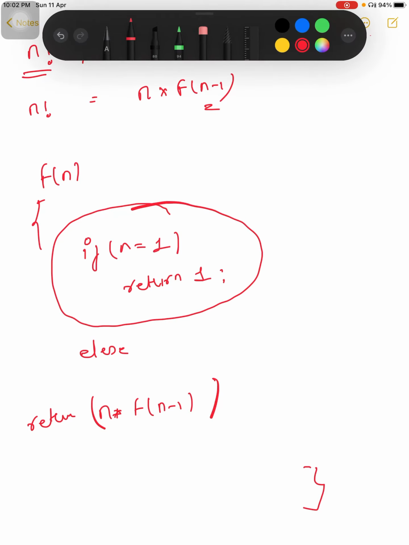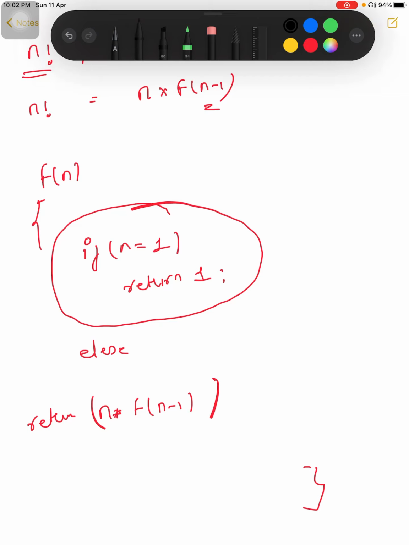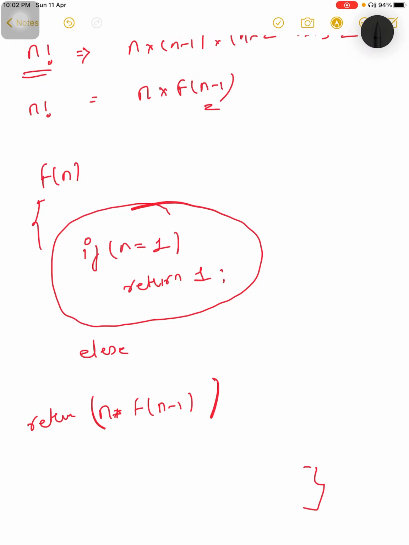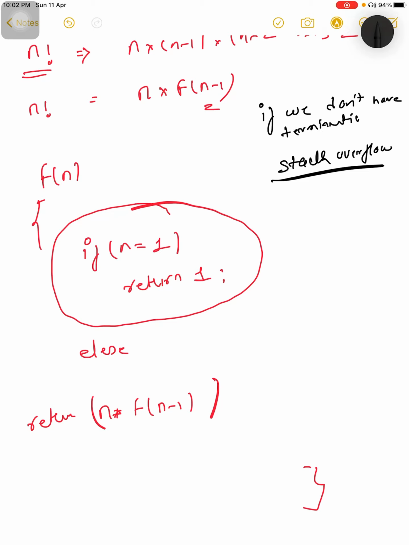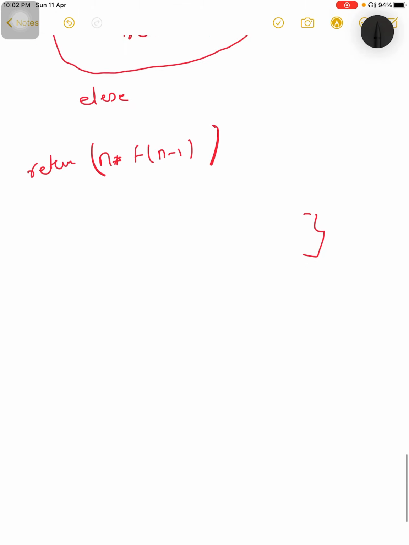If we don't have the termination condition, we will get a stack overflow exception. So this is a point to remember: every recursive program must have a termination condition in order to stop the program.